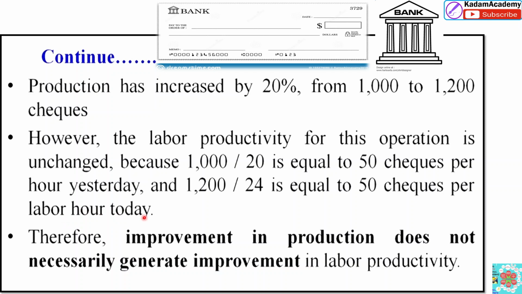Therefore, production has increased from 1000 to 1200, but labor hours also increased, so it does not generate improvement in labor productivity. So improvement in production does not necessarily generate improvement in labor productivity. That is the difference between production and productivity, friend. This is one example.